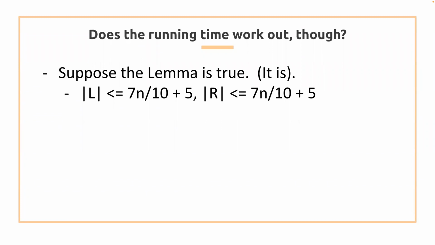We have proven that the left and right side will be at most 7/10. So what does our algorithm do? It does for sure call itself on the left or the right side, right?